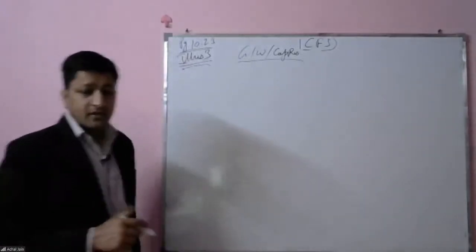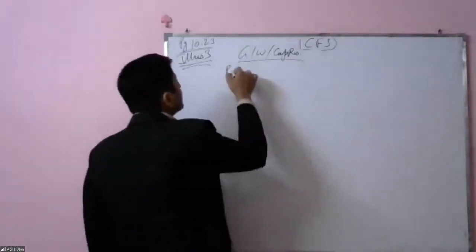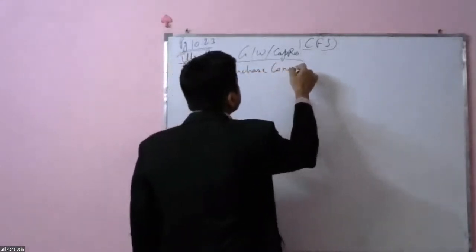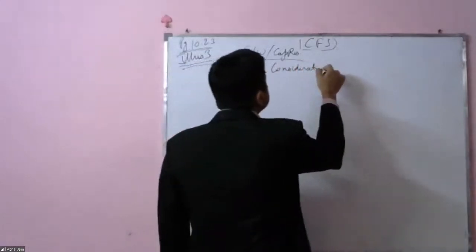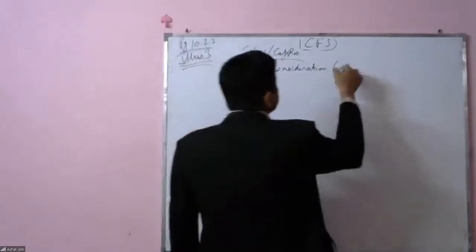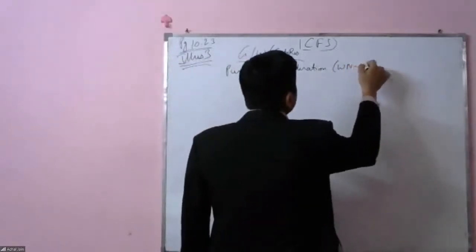Now moving further, what's the first thing we'll need? Purchase consideration, for which we can give the reference of working note 1.